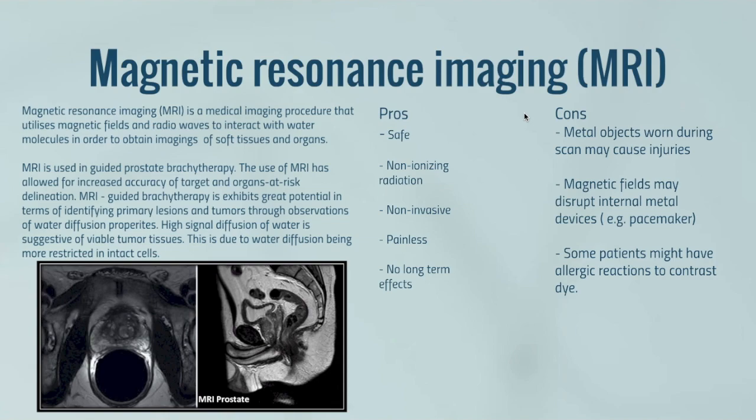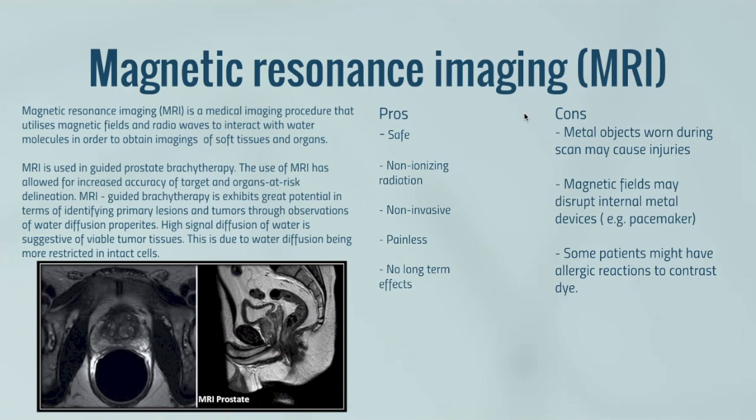MRI is used in guided prostate brachytherapy because it is able to identify lesions, like primary lesions and tumors. This is done through the observation of water diffusion. High levels of diffusion are suggestive of cancer cells because healthy and intact cells have much more restricted diffusion.